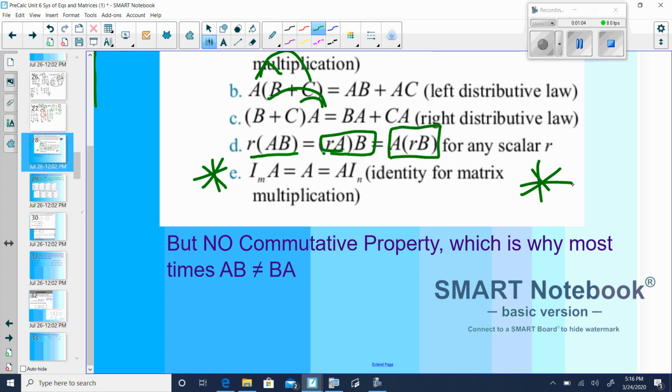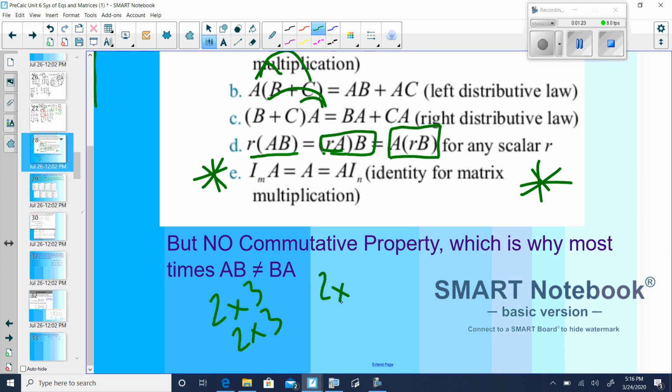But there's no commutative property for this, which is why most times AB is not equal to BA. And we saw that before because A was a 2 by 3 and B was also a 2 by 3 in problem number 1, right? So that didn't work out at all.